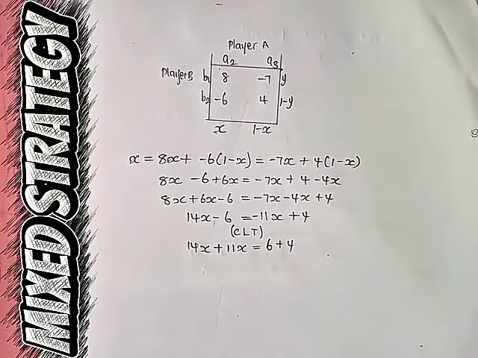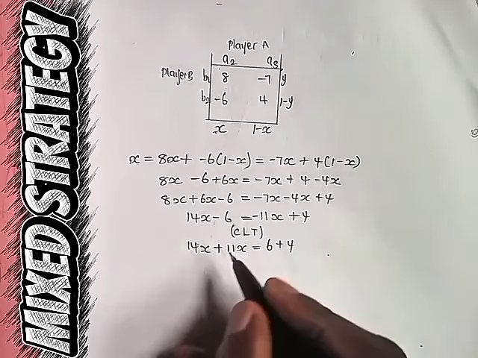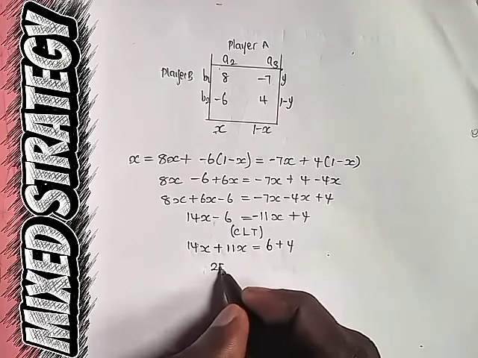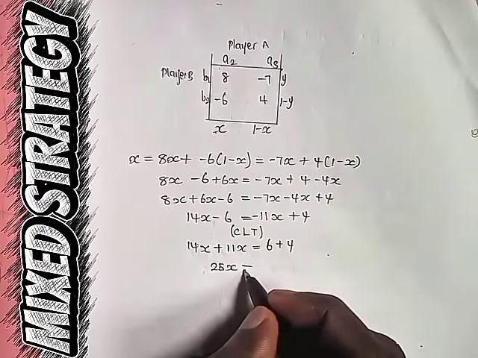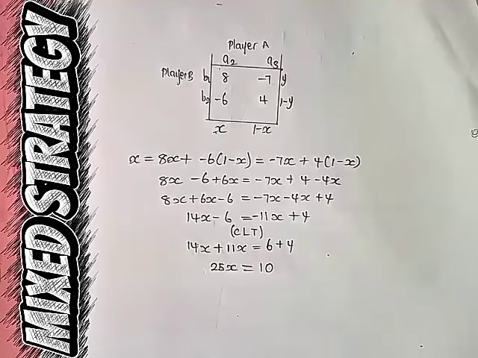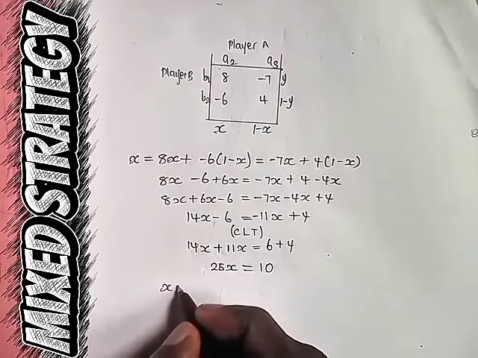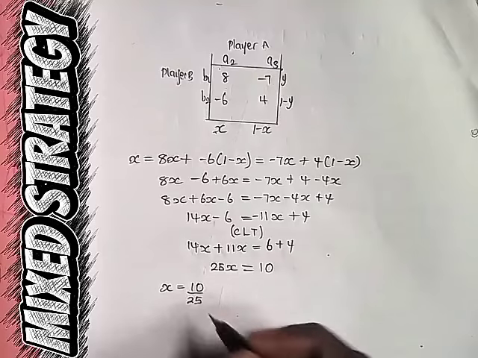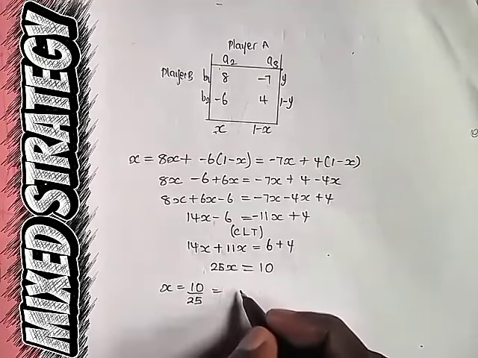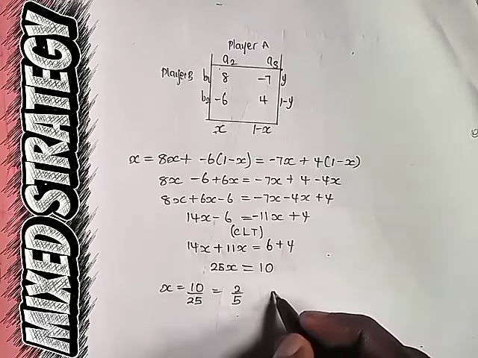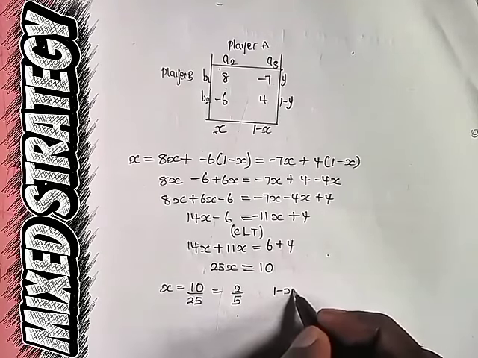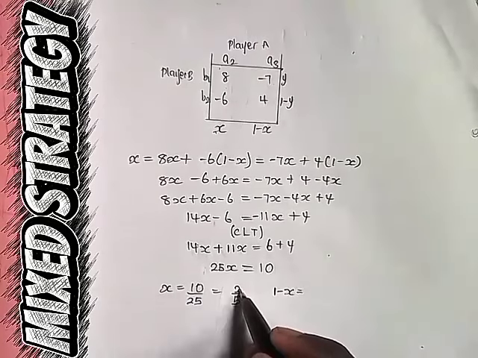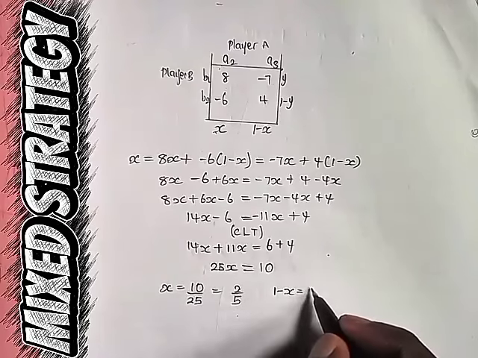So 11x plus 14x is 25x equals to 6 plus 4 is 10, which means our x is 10 divided by 25. So 5 can divide 10, it will be 2, and 5 in 25 is 5. So our x is 2 over 5, which means our 1 minus x will be 3 over 5.